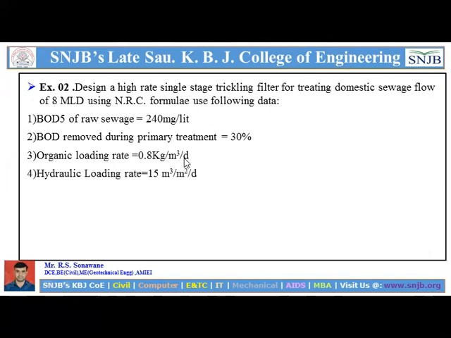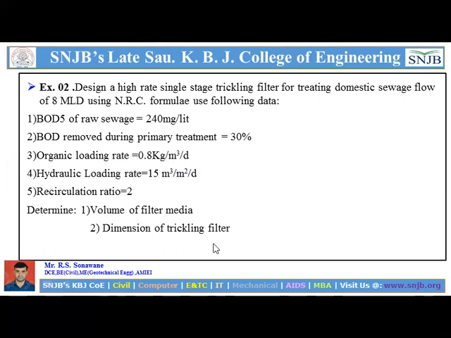The fourth data given here is the hydraulic loading rate, 15 meter cube per meter square per day. Recirculation ratio is equal to 2. These five are given, and they have said to determine the volume of filter media, the dimension of the trickling filter, and the efficiency of the trickling filter.